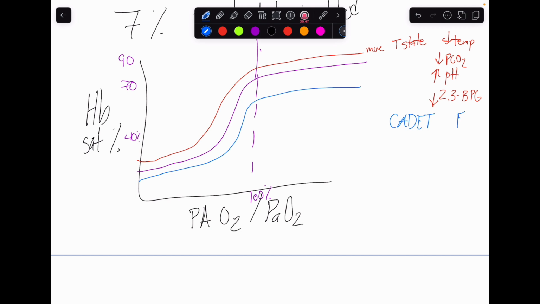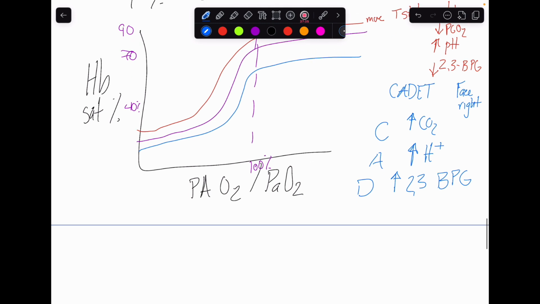C is going to be increasing our CO2. A is going to be an increase in our acids. D is going to be an increase in 2,3-BPG. And then E is exercise.